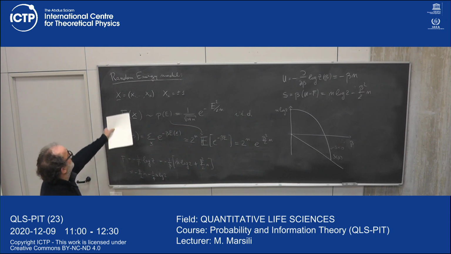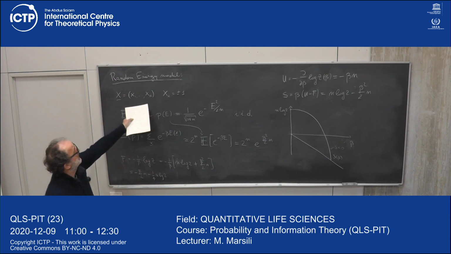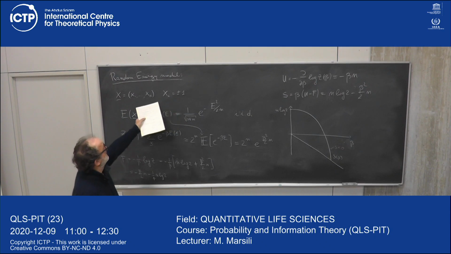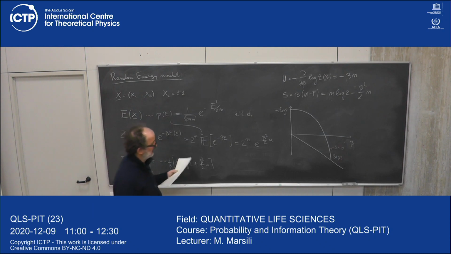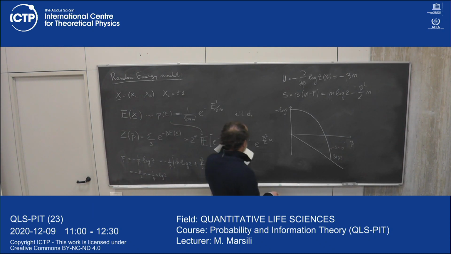Well, this is a system with a discrete number of states, so you cannot possibly have a negative entropy. The entropy is the entropy of a discrete variable, so it has to be positive. So it cannot be negative. So what is going on? What is the problem?